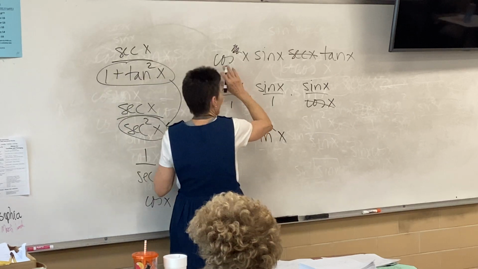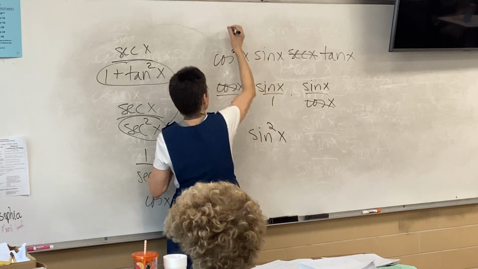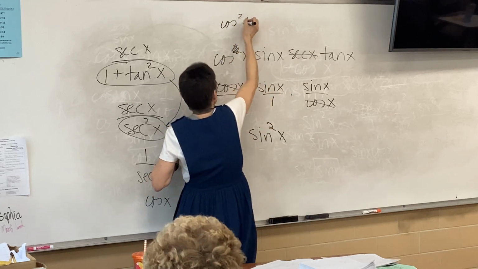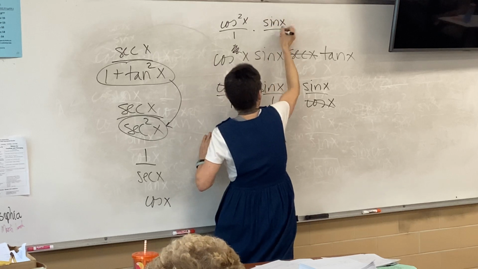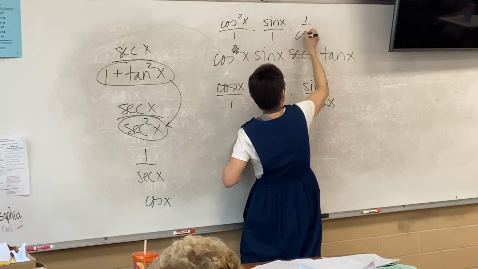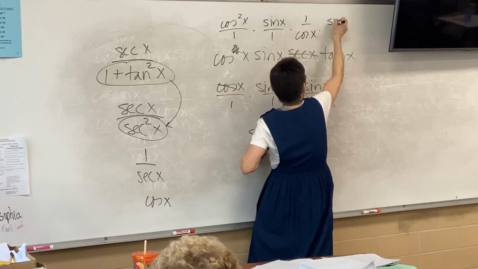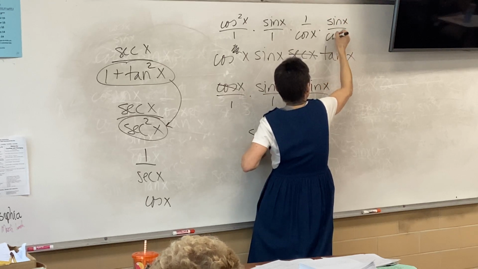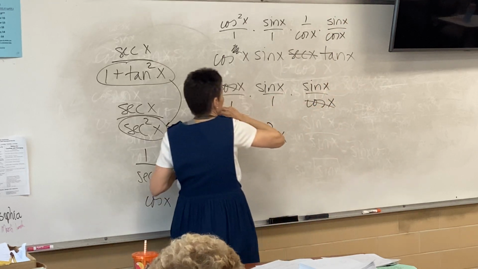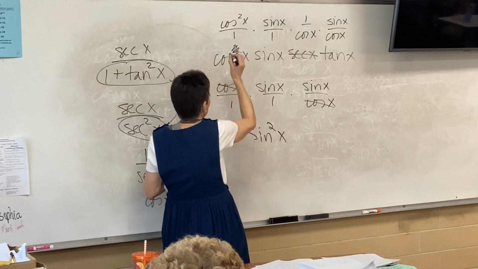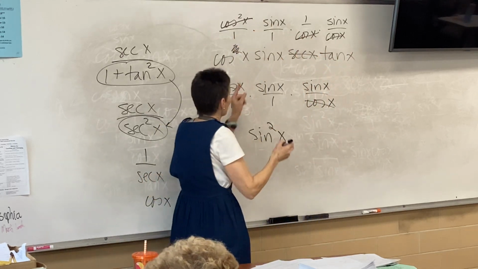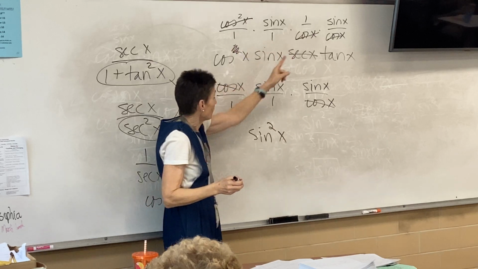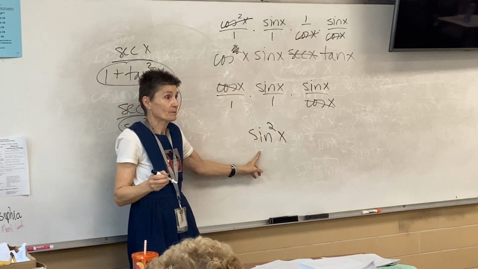You could also have not done that canceling in the beginning and simply written your problem as a bunch of fractions right off the bat. And then canceled. Okay, so got 2 cosines here and 2 cosines here. Are we left with the same thing if we do it that way? Are we left with sine squared?